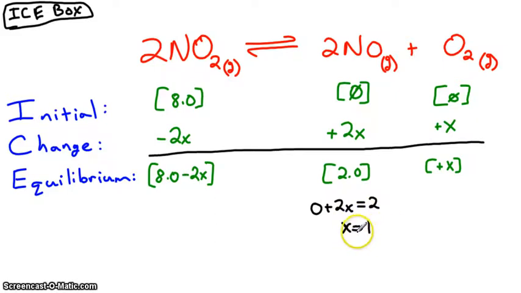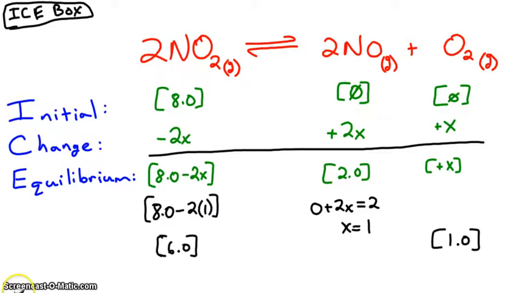We can then substitute this x in for here, this x, and then we'd be able to determine the equilibrium concentrations of the other gases. Substituting 1 in here, 8 minus 2 is 6, so the equilibrium concentration of the NO2 gas is 6 molar. Substituting 1 in here, the concentration of the O2 gas is 1 molar. And we were given the equilibrium concentration of the NO gas.